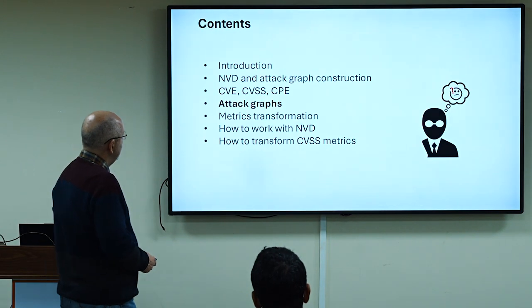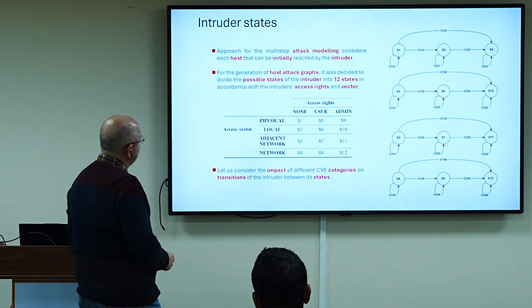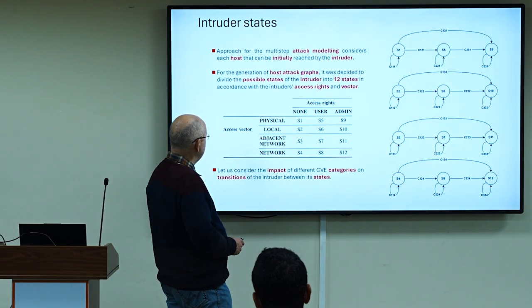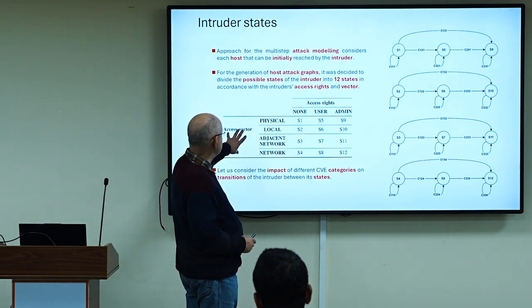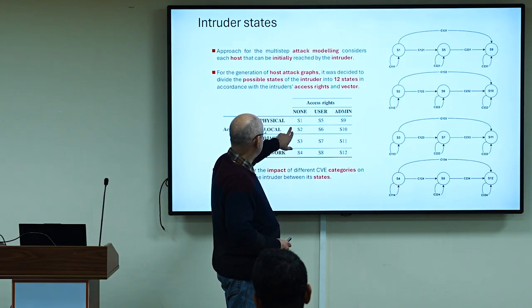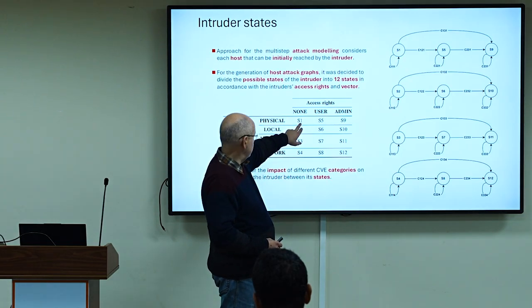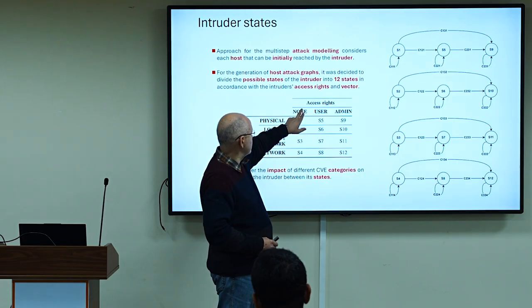And we can select different states of the intruder, the attacker. So the same access vector and access right. For example, S1 is access vector physical and access right none.